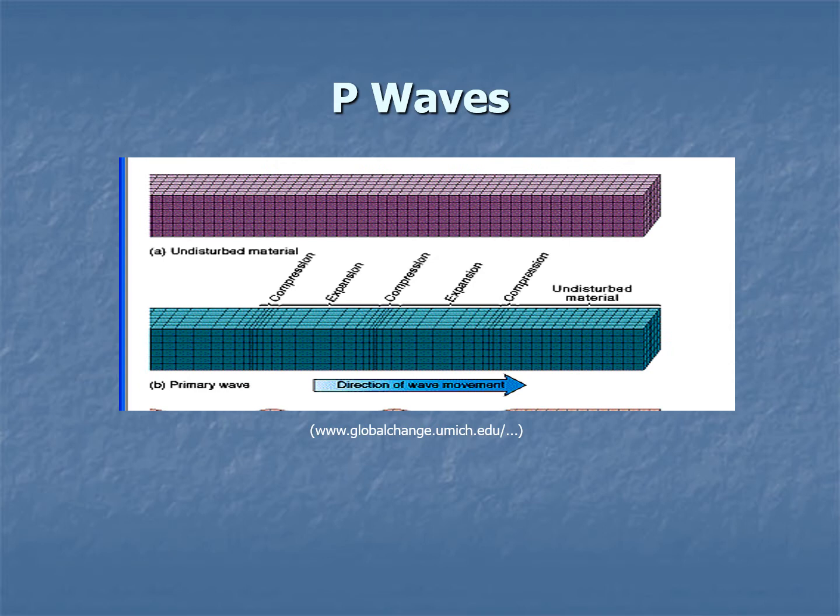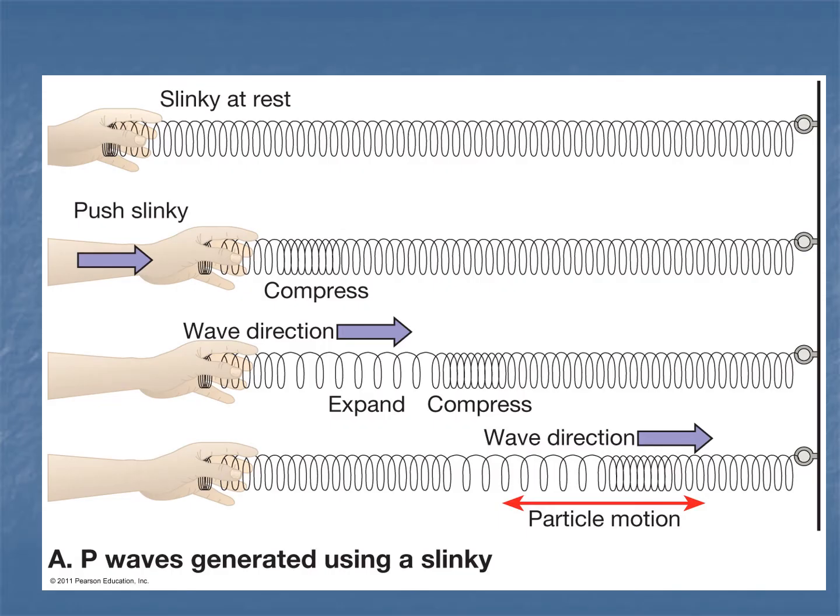The drawing on the bottom shows what's happening to individual rock particles as the wave energy moves through the rock. The direction of movement is to the right. You're going to see that these particles are squeezed together and then pulled apart, squeezed together and then pulled apart, parallel to the direction of wave travel. This is what we mean when we say that P waves are compressional waves.